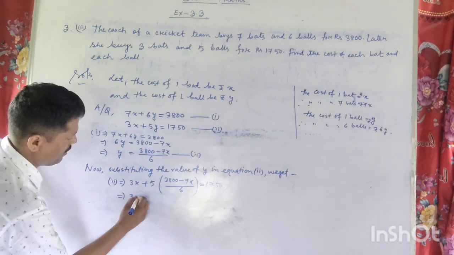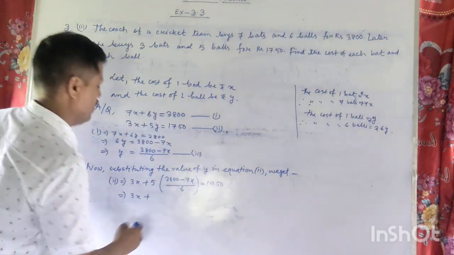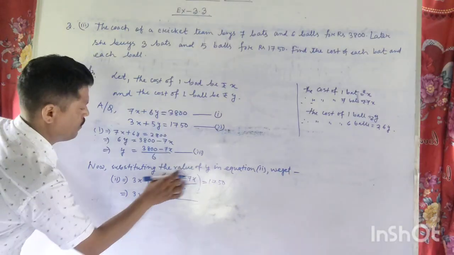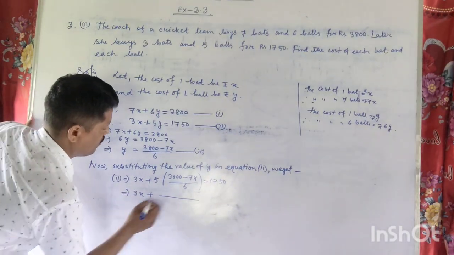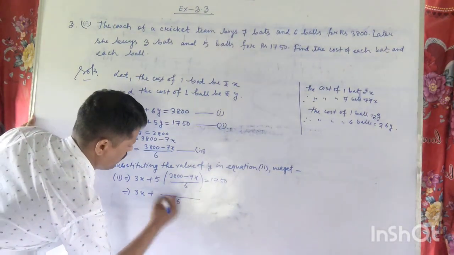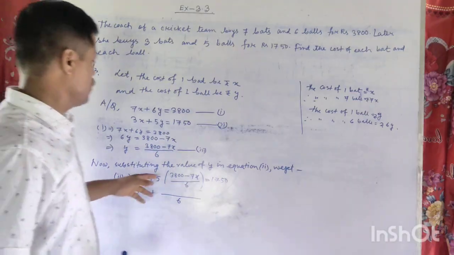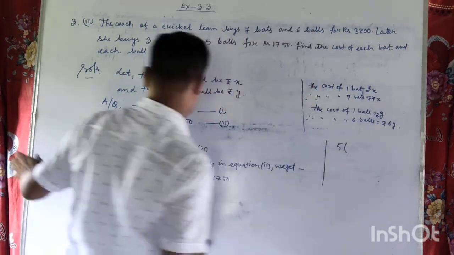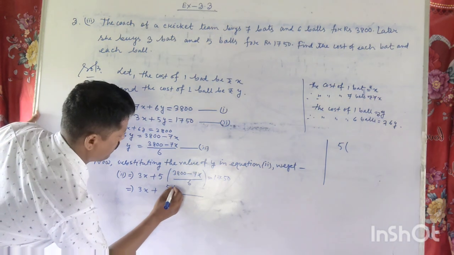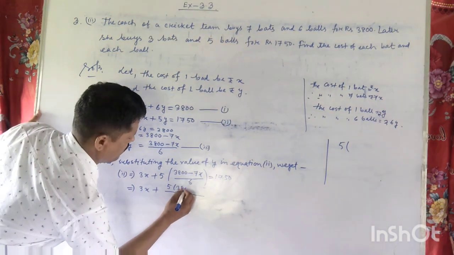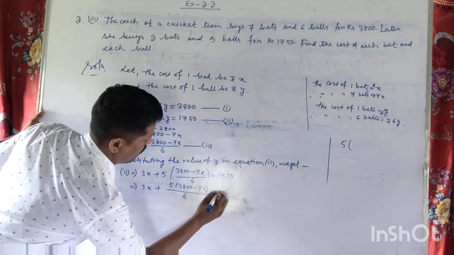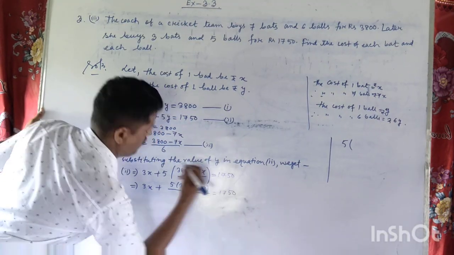Now 3x plus, there we have 5, we have to multiply this with (3800 minus 7x) and divide by 6. So let us multiply now. 5 multiplied with this 3800 minus 7x is equal to 1750.